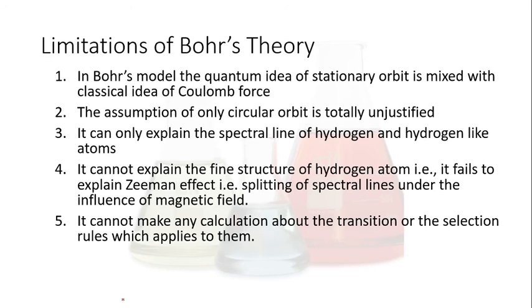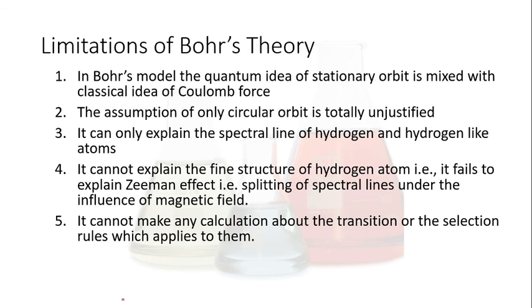Okay. The next we will see the limitations of Bohr theory. In Bohr's model, the quantum idea of stationary orbit is mixed with the classical idea of Coulomb force. So that means here there is a mixture of both the quantum theory and the classical theory. Is it okay?